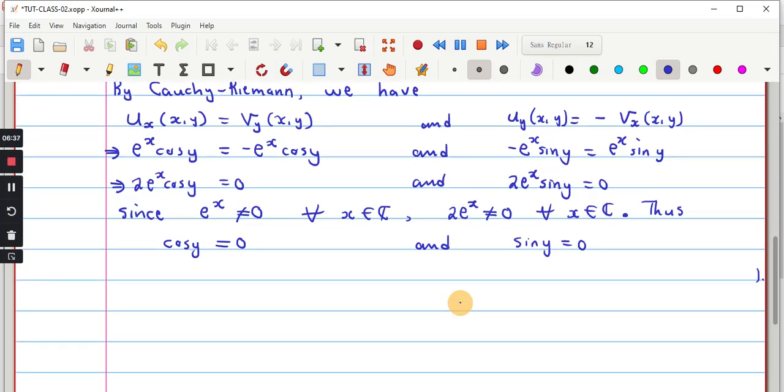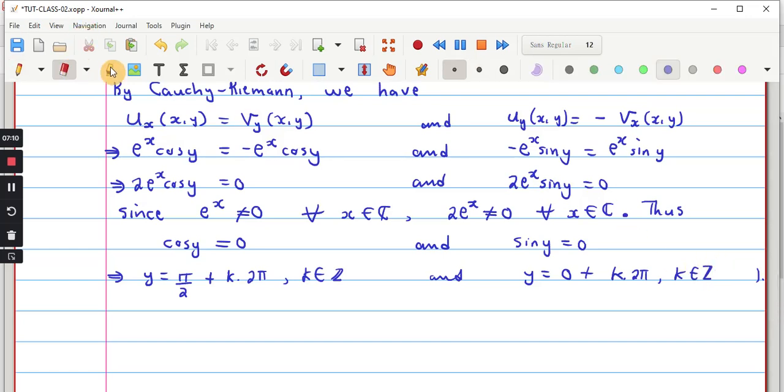So when cos y is equal to 0, this implies that y is equal to pi by 2 plus k times 2 pi, where k is an integer, and on this side y is the same as 0 plus k times 2 pi, where k is an integer.